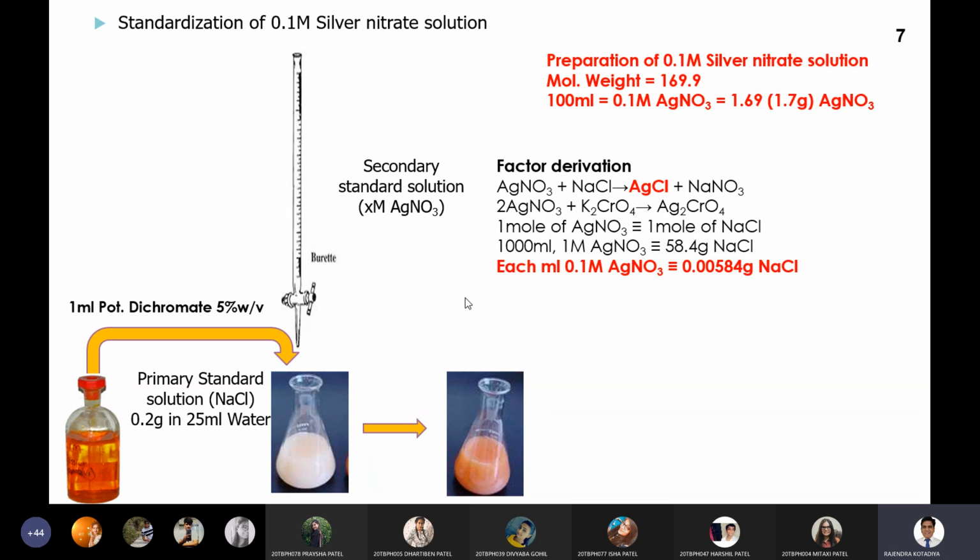So for 1000 ml, for 1 ml of 0.1 molar silver nitrate, you cross multiply and you will get the answer 0.00584 gram NaCl.